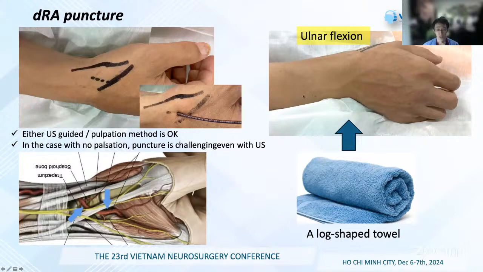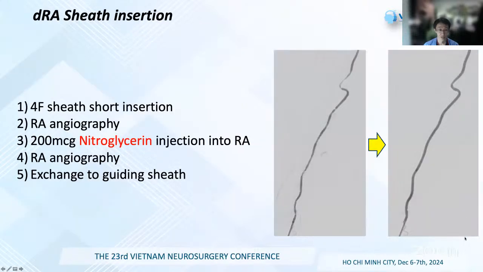The key point is ulnar flexion. By doing this, you can palpate the distal radial artery well and it makes puncture easy. We use a rolled towel beneath the wrist. Ulnar flexion is very important.